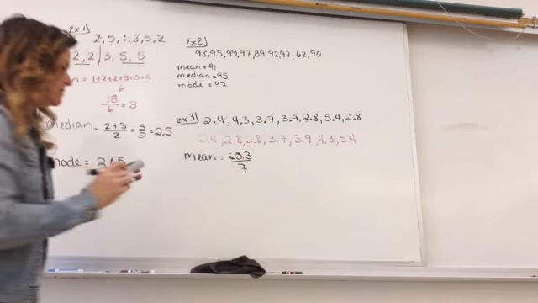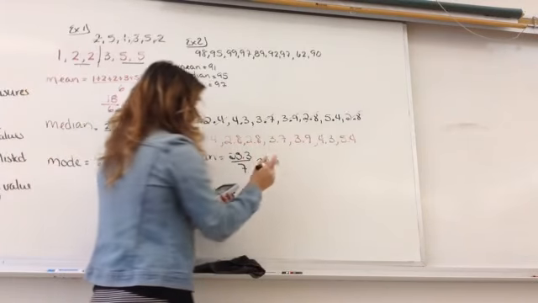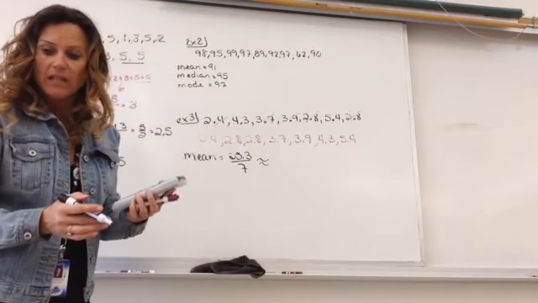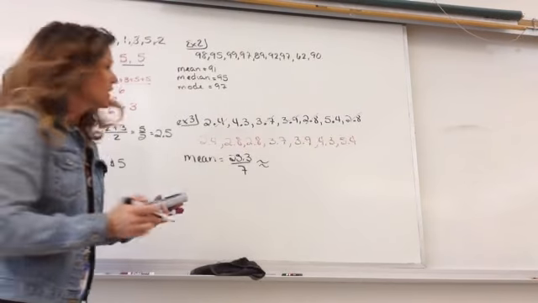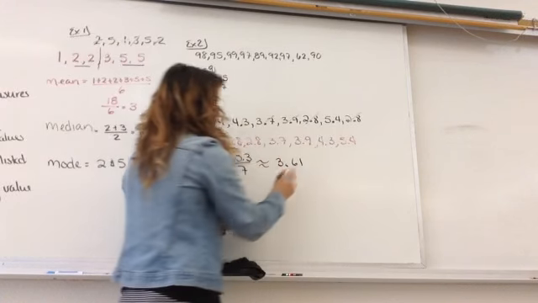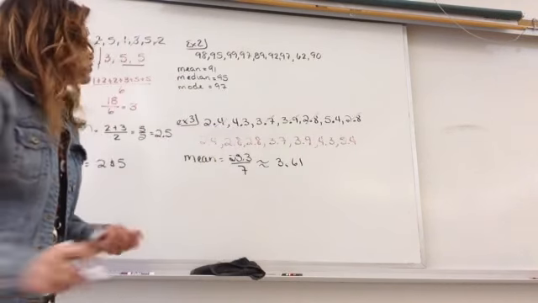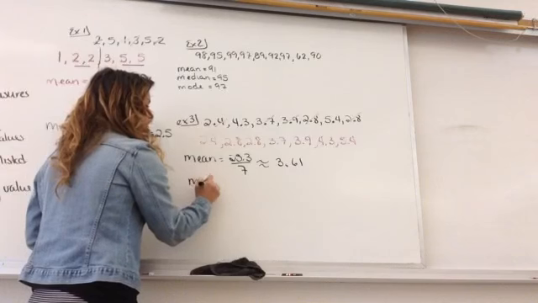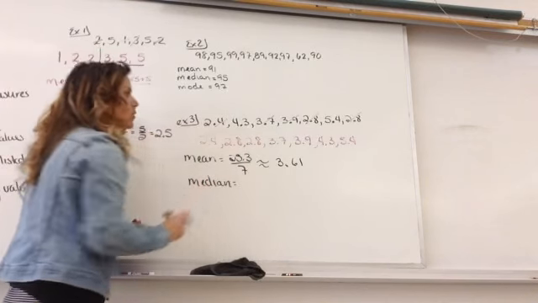Divide that by 7, and we get a big long decimal, which we have to round, and it's approximately 3.61.